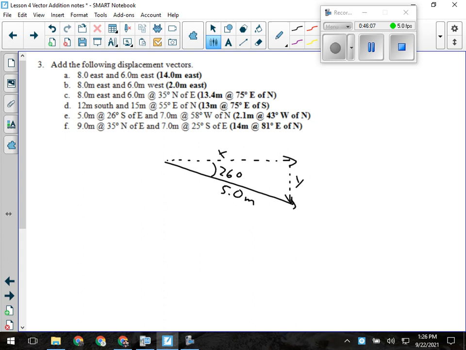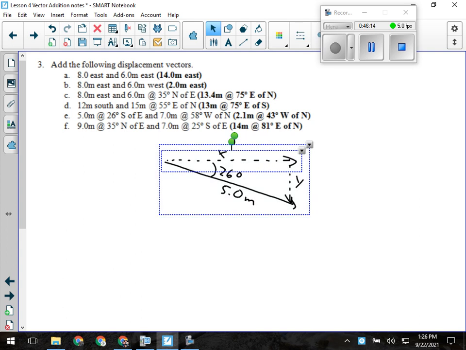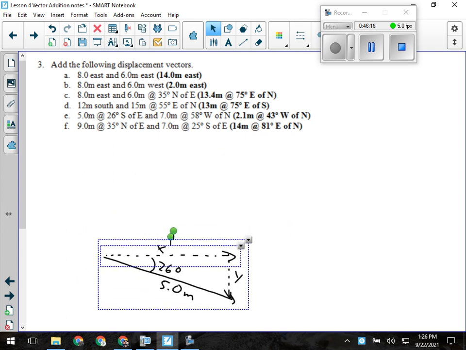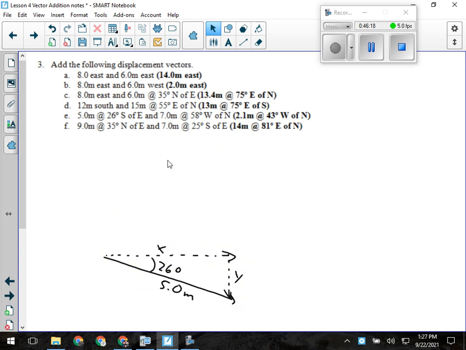Okay, and then my next line is 58 degrees west of north, which I really didn't position very well to draw that part on here. Okay, so I'm just going to move it down. Right, so now I'm going to go west of north, and I'm going to go 7 meters, okay, at 58 degrees west of north. So this one's tricky.